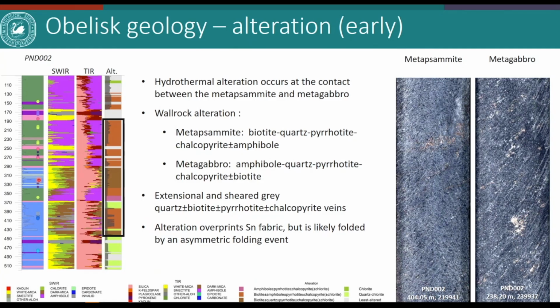The mineralization is located along the contact between the metasedimentary rocks and the gabbro, and it's structurally controlled, with extensional and shear grey quartz veins occurring where the disseminated alteration is. And the alteration replaces the pervasive fabric in the area.